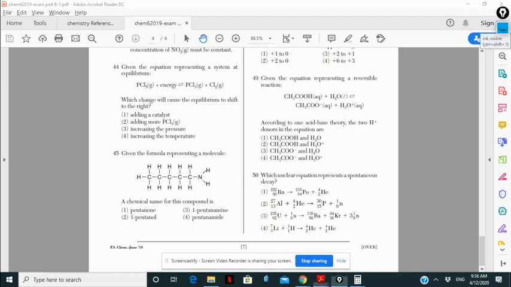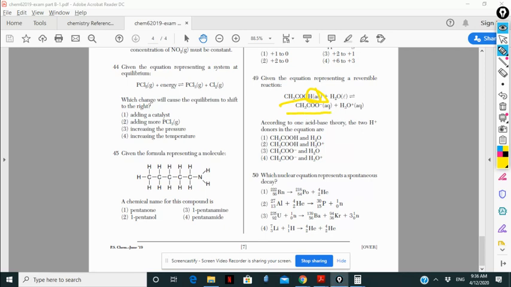Question number 49. We have this reaction. According to acid-base theory, the two proton donors in the equation are. So now I have to figure out which one is giving the hydrogen. So look here. This one was positive 1, and it becomes negative.